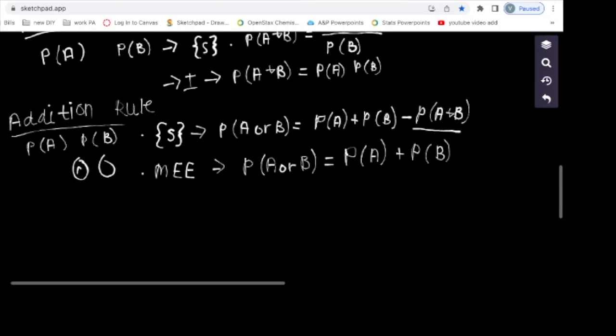The probability of A does not overlap with the probability of B.